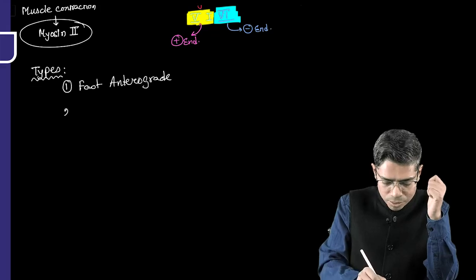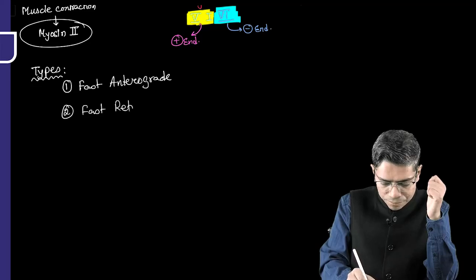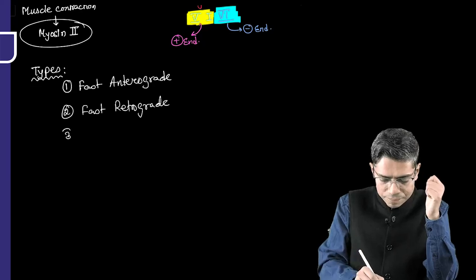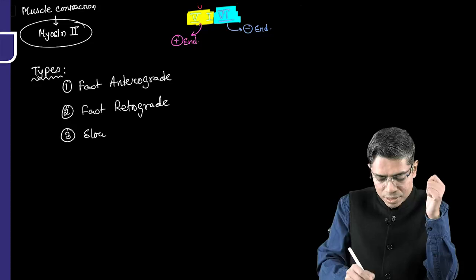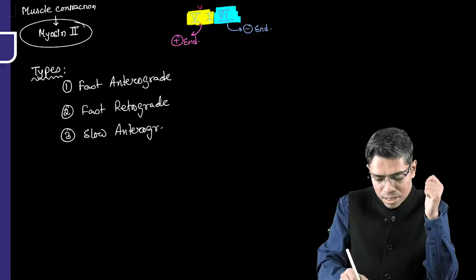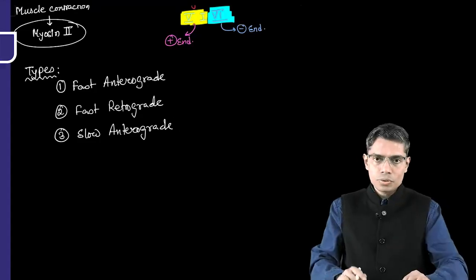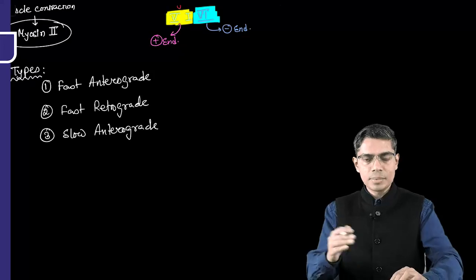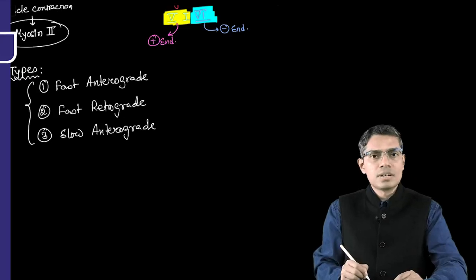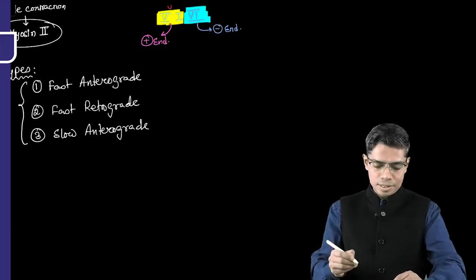Number 2, fast retrograde. And number 3, slow anterograde. There is no slow retrograde. Slow anterograde is there, but retrograde is not there. So these are the 3 different types of axonal transport depending on the speed or velocity.